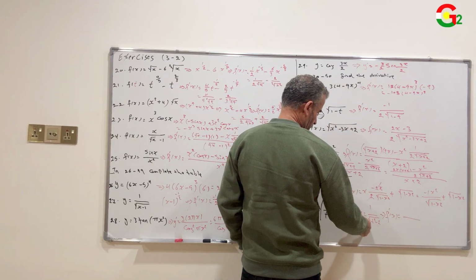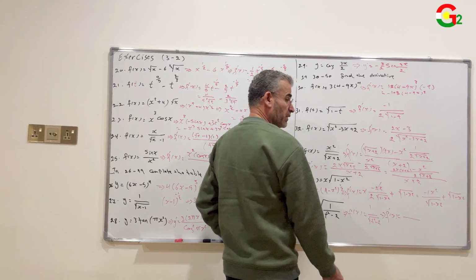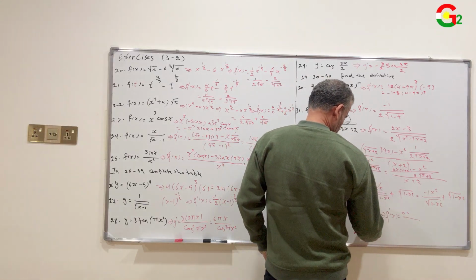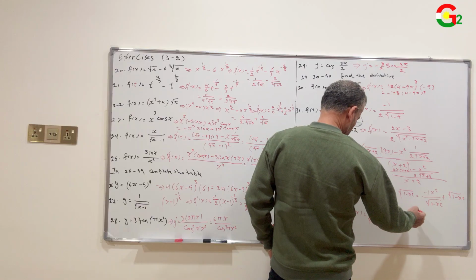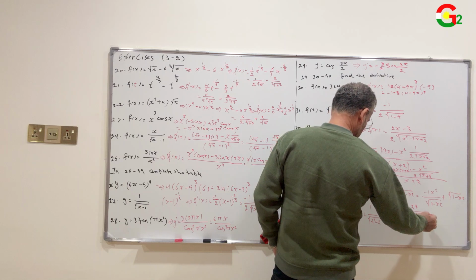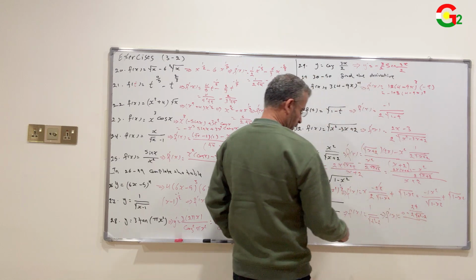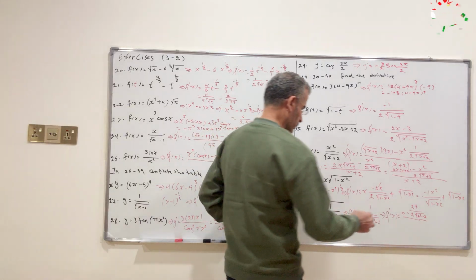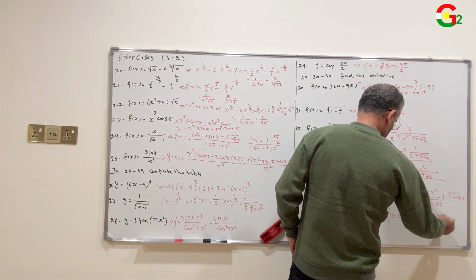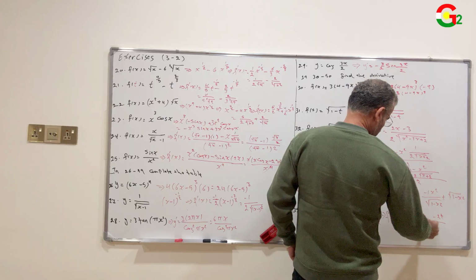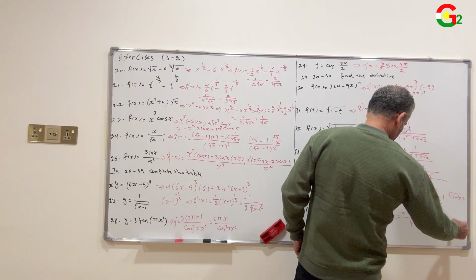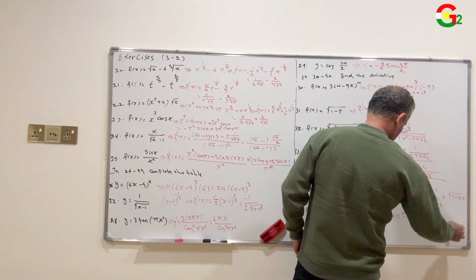The denominator times the derivative of the numerator is 0, minus 1 times the derivative of the denominator, 2t over 2 square root of t square minus 2, over the square of the square root of t square minus 2, which is t square minus 2, equal to negative 2t over 2 (t square minus 2) to the power 3 over 2.